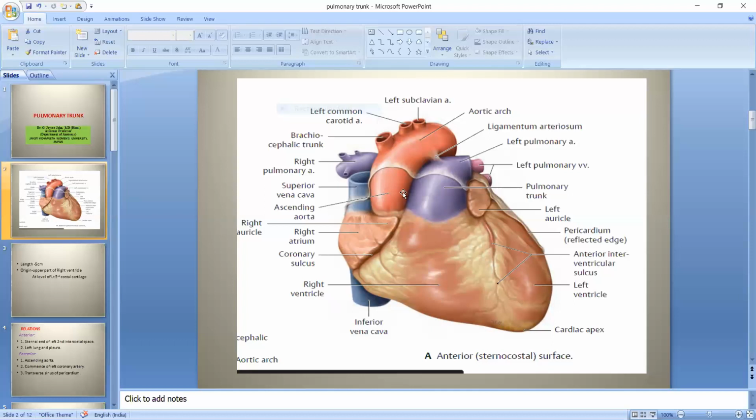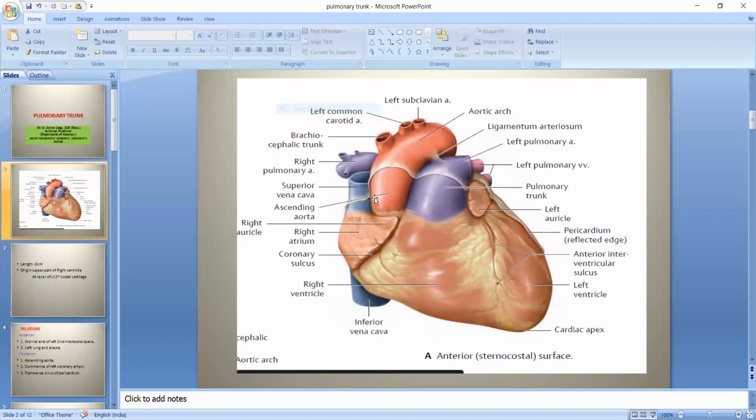Posteriorly, we have the ascending aorta and the left coronary artery, which we are not able to see here, and the transverse sinus of the pericardium. We have already talked about that transverse sinus, the space between the venous tube and the arterial tube.